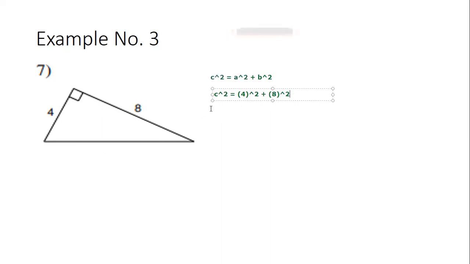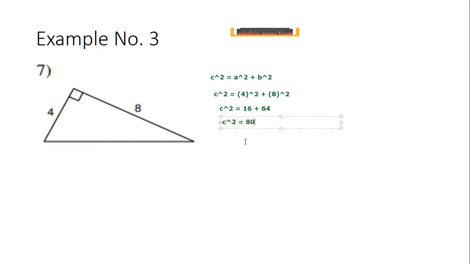So we're going to evaluate the exponents here. c squared is equal to 4 squared, which is 16, plus 8 squared, which is 64. And c squared is 80.